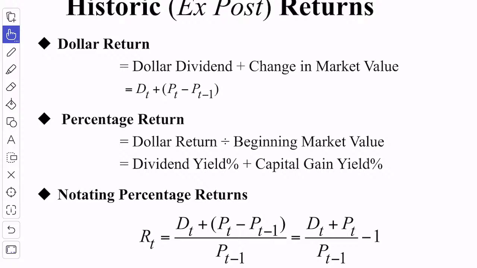What is the dollar return over a period? So the period is from t minus 1 to t, so last period to now. Let me do that again. It looks very messy.